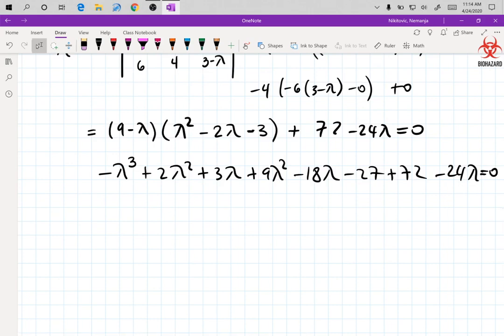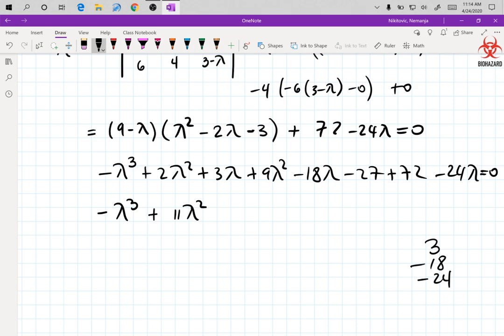And that's going to give us negative lambda cubed plus 11 lambda squared, and then minus, what do I have? I have a 3 minus 18 minus 24.